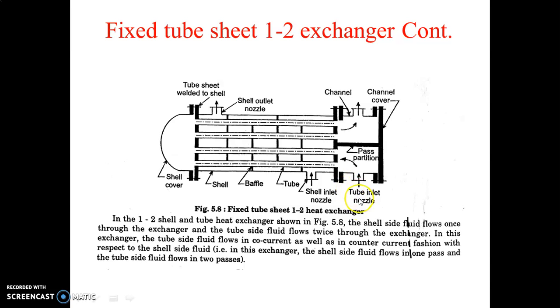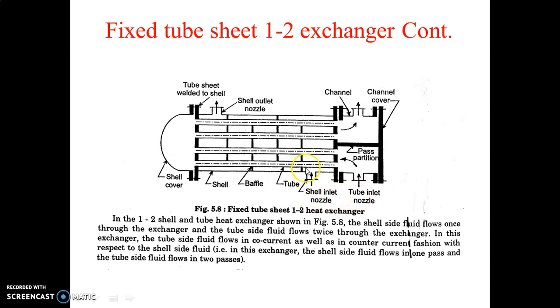That means the tube side fluid is coming from this side, it will go through this tube, and again it will go in this direction and exit from this nozzle. The shell is provided with an inlet nozzle and an outlet nozzle for the entry and exit of the shell side fluid.